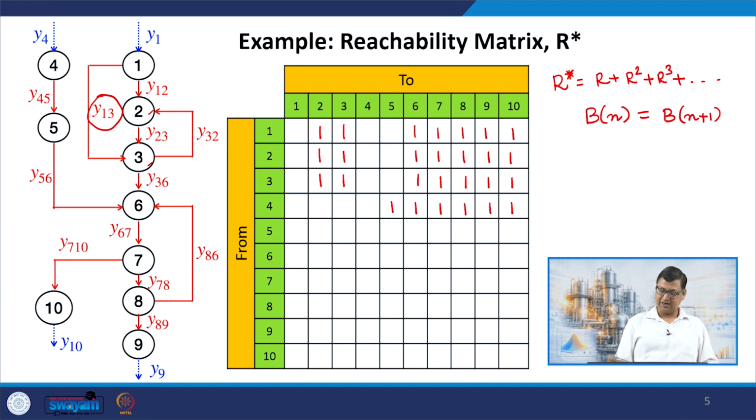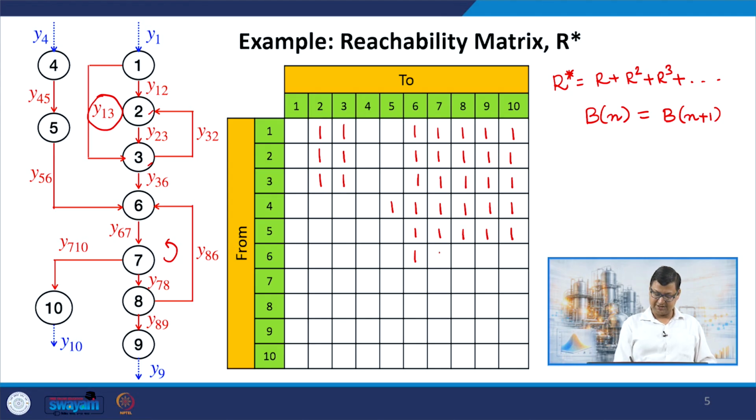From 5 I can go to 6 and all the downstream vertices, but I cannot come back to 4 and also 1, 2, 3. From 6 I can come back to 6 because there is a loop: 6 to 7, 7 to 8 and then 8 to 6. I cannot of course come back to 1, 2, 3, 4 or 5.